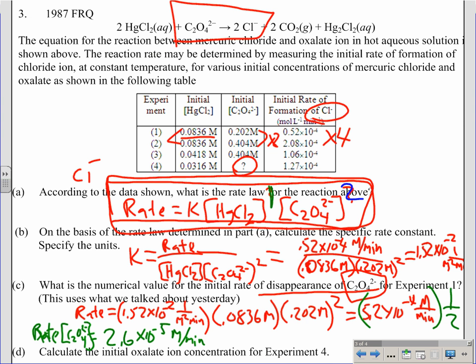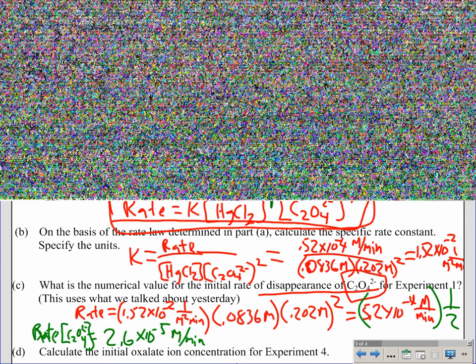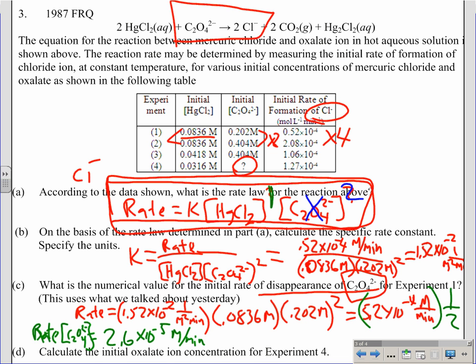So if I want to find that particular concentration, what I really need to do is solve my equation for my unknown, which would be right here. So that is going to be x. So when I set this up, I know the rate in experiment 4 is 1.27 times 10 to the negative fourth. So I know that information. And if I divide that by K and my HgCl2, which, remember, the K value was 1.52 times 10 to the negative second.